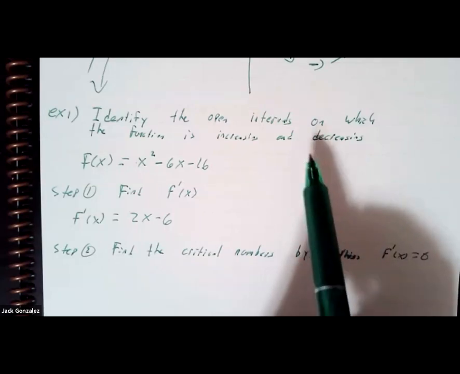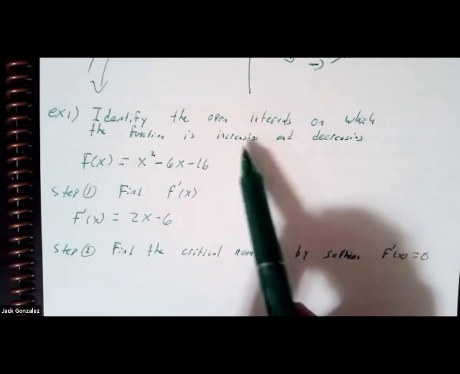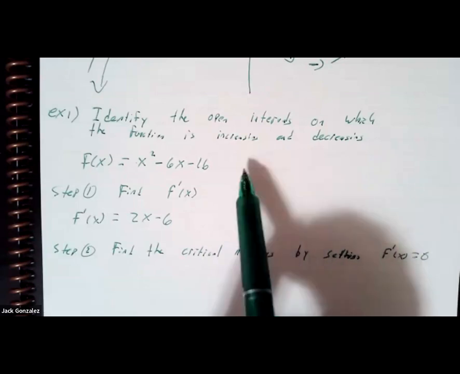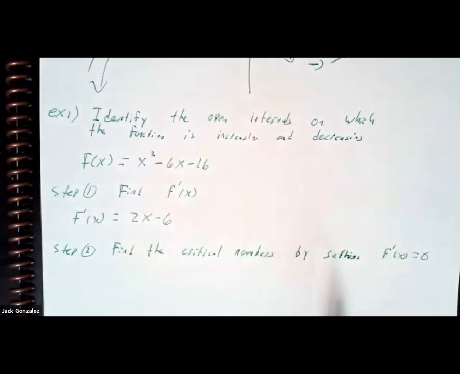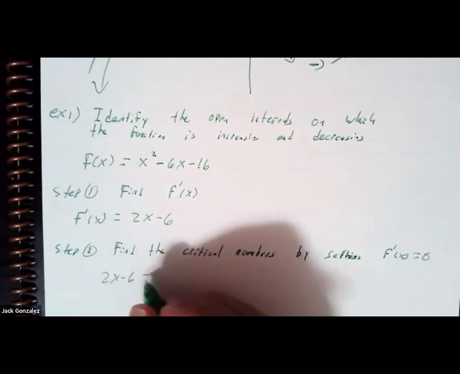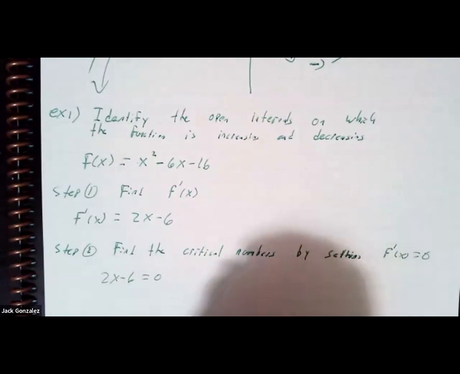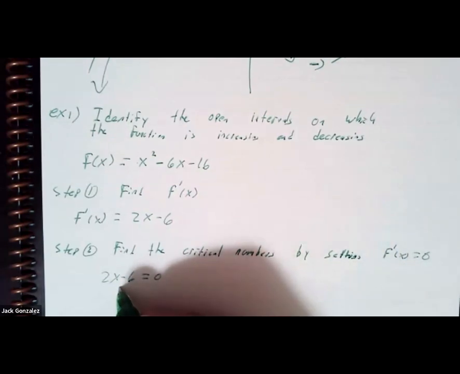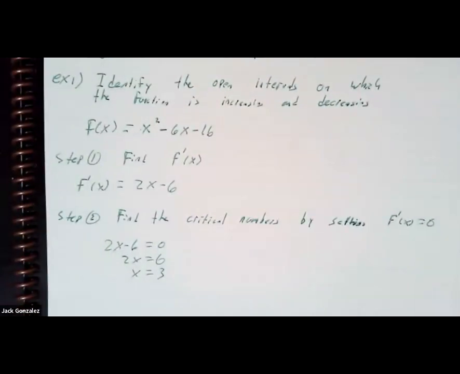Those would help you find zeros of the original function if they ask for them, like the little intersections. Set this to 0. We get 2x equal to 6, x equals to 3. So here's your critical number.